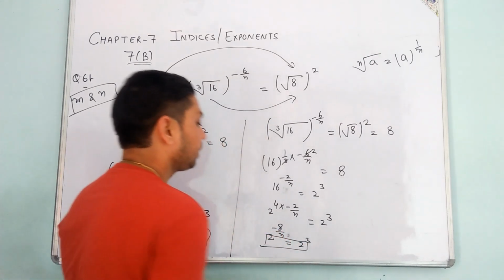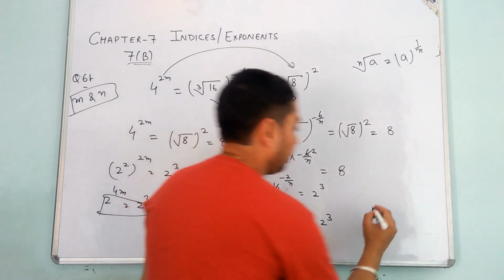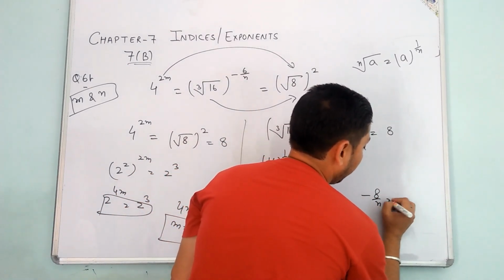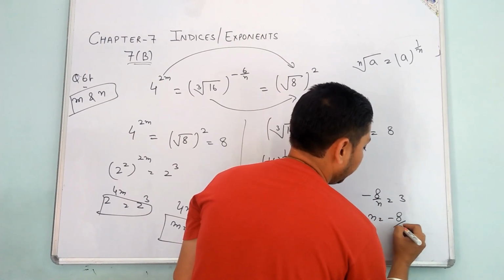Bases are the same, then the powers will be the same. That is minus 8 over n is equal to 3. Cross multiply, n is equal to minus 8 over 3.